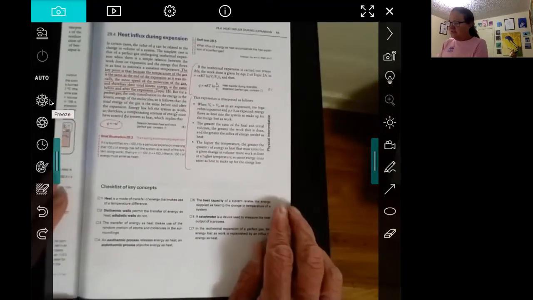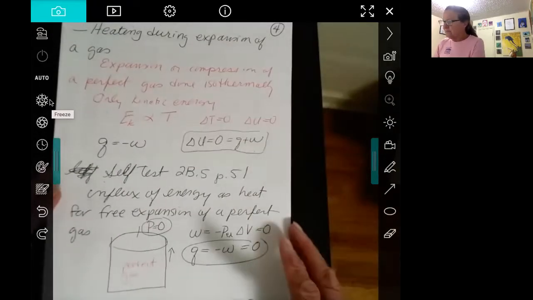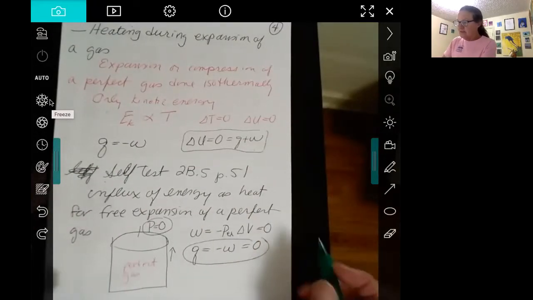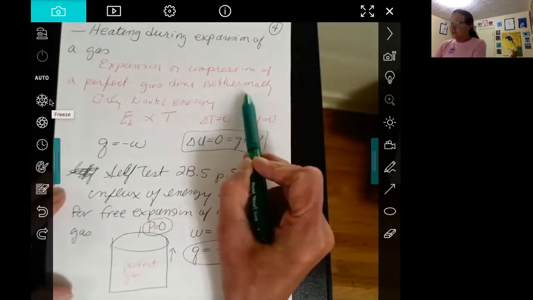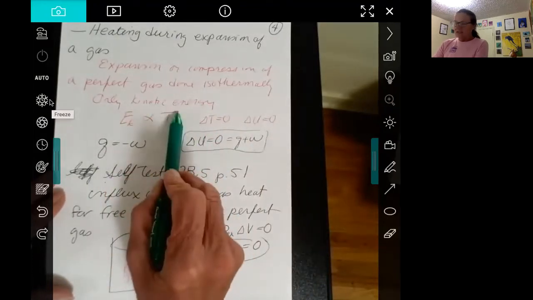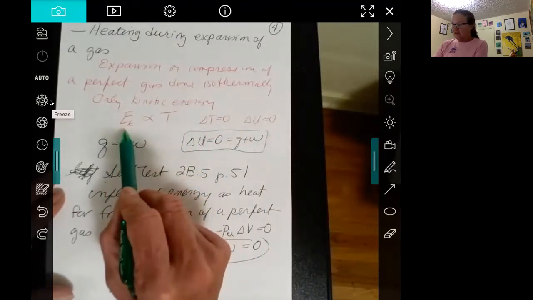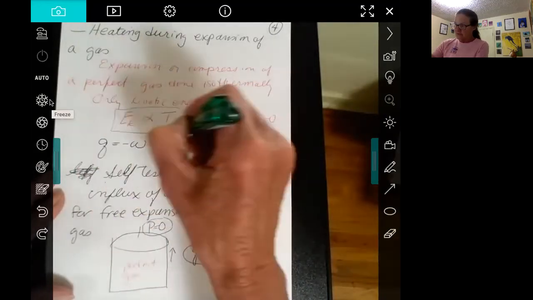Then the last little section is just on the fact that during an expansion of a gas, it's going to be true that if you do an isothermal expansion, the kinetic energy is going to stay constant. So kinetic energy is proportional to the temperature.